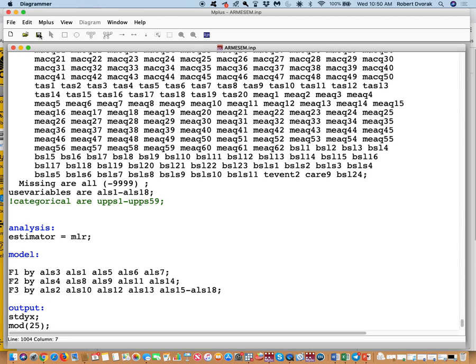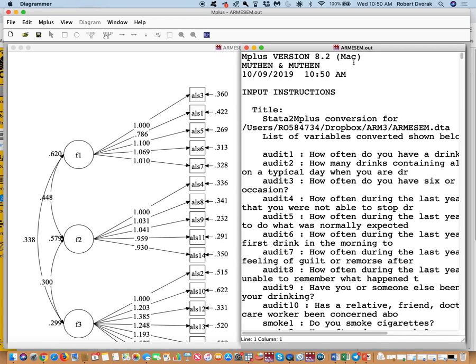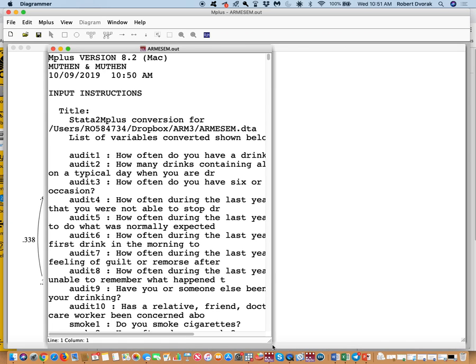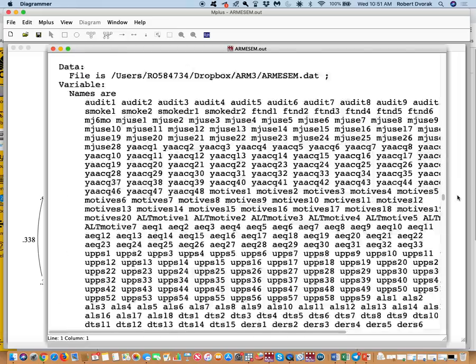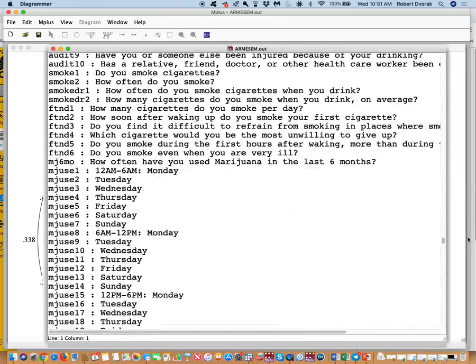All right, this looks good. Let's hit run. Let's see what happens. There is our factor structure. It looks pretty good. Scroll down. Let's have a look at our model fit.